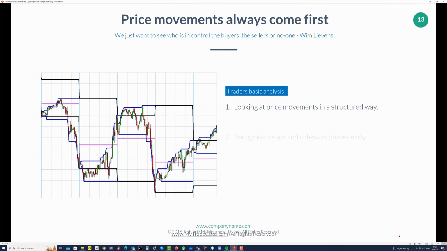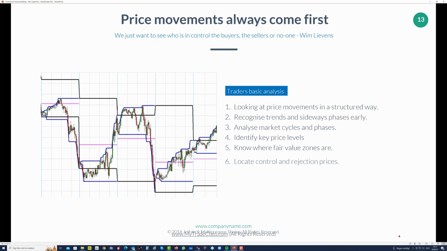Now, what I try to bring across is to look at these movements in a structured way. So there is a checklist. And of course, try ASAP to recognize whether you're in a trend market or a sideways market, and to know what market phase or what cycle you're in, and to know what the key price levels are, know what the value area is, locate control or rejection prices.